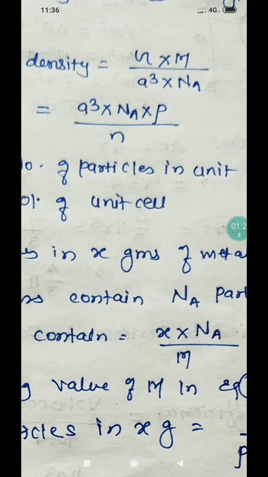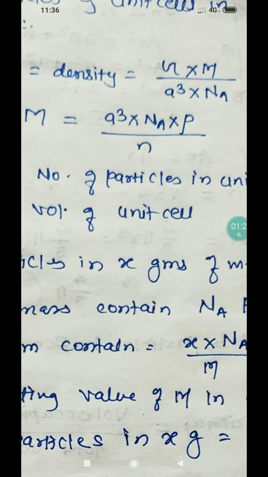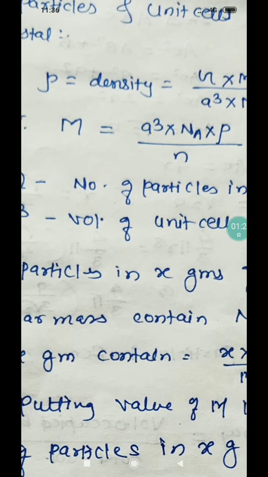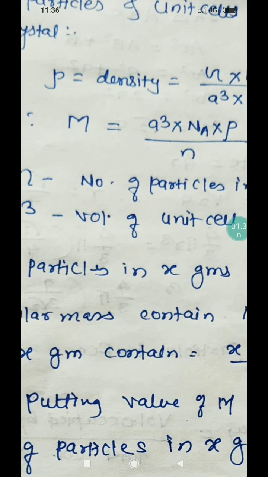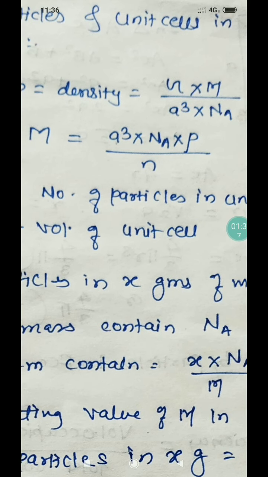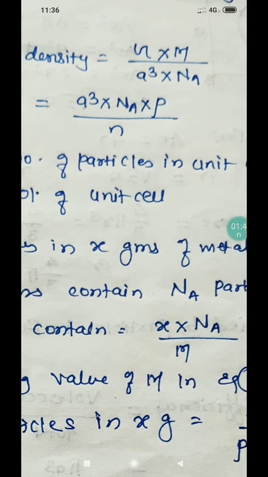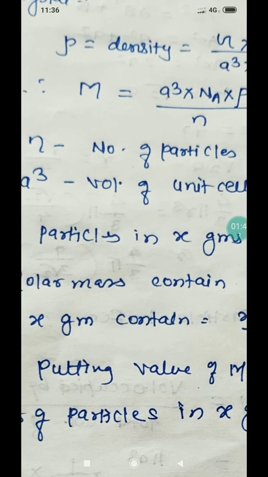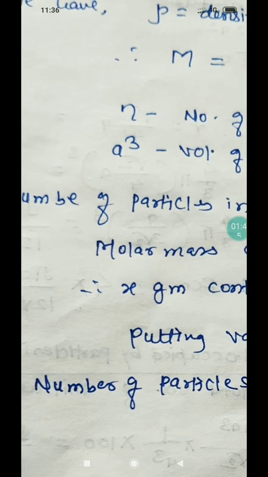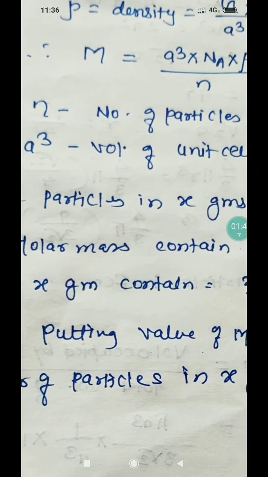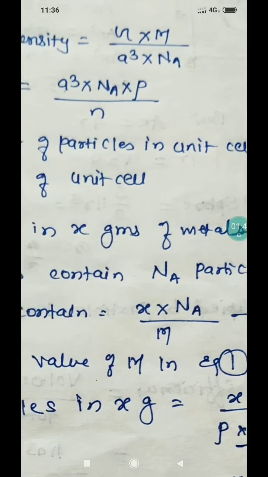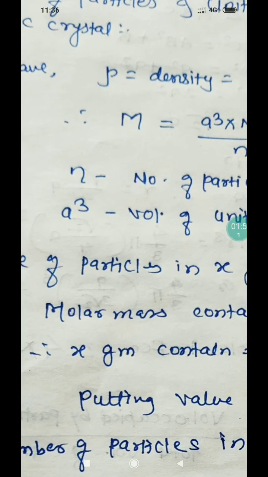By reshuffling this equation we get M, the molar mass of the given particle, is equal to a cube into Avogadro's number into density divided by n, where n is the number of particles in the unit cell and a cube is the volume of the unit cell. So the number of particles in x grams of metal, now this is M, molar mass.